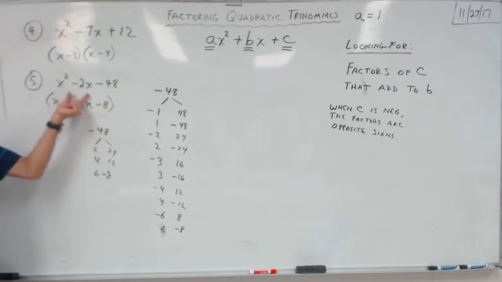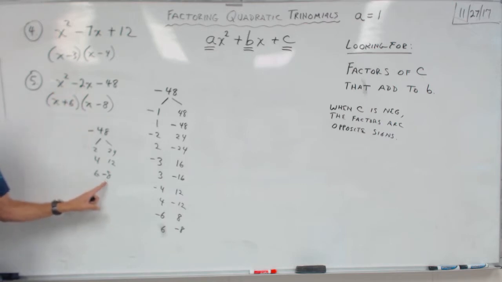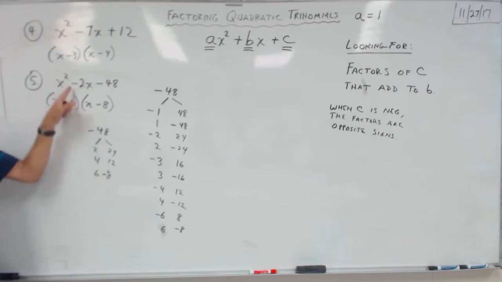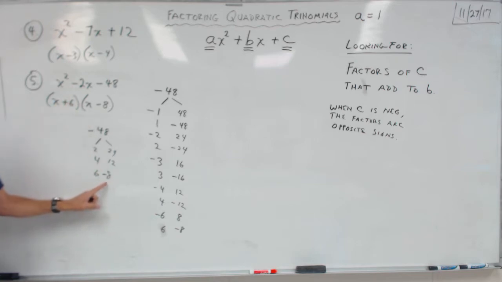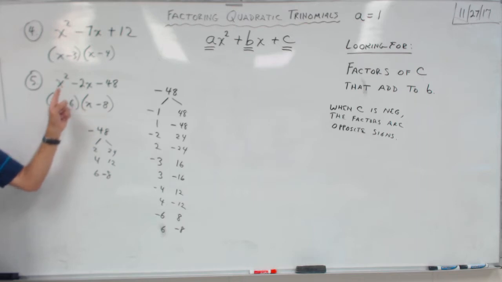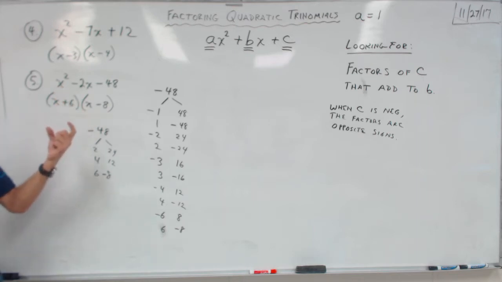This is the shortcut. When the first sign is negative, the bigger number is going to be negative. When this is negative, the bigger number has to be negative. That's the only way you get a negative. Otherwise, it's going to be positive when you add them together. Right?